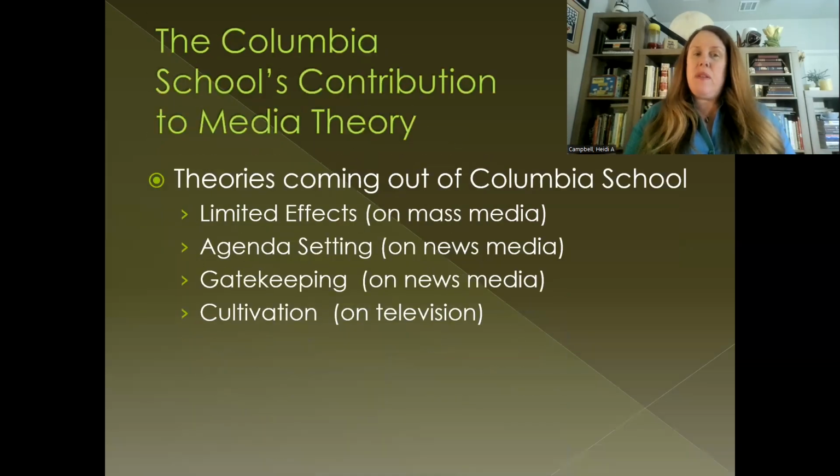From the Columbia School, there were a number of contributions to media theory, ones that I've mentioned here. The first is Lazarsfeld's look at the limited effects of mass media, so that there are certain conditions or other factors that influence people's response to media. We mentioned the idea of gatekeeping.